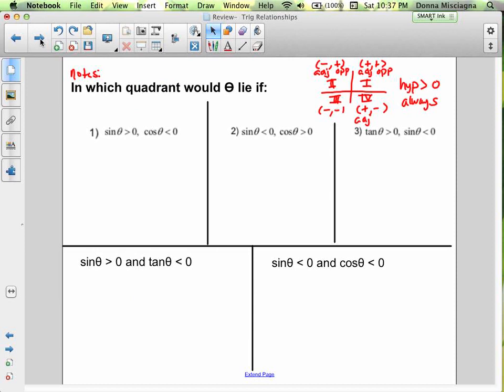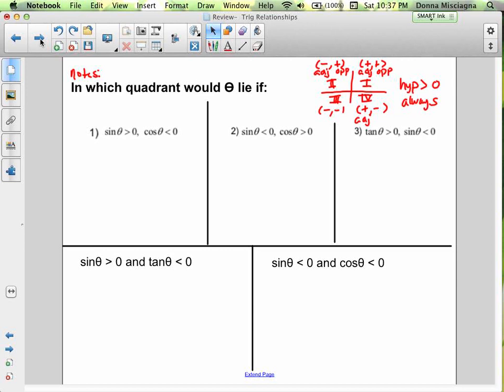As a little reminder, I put that same table we had on the other page, just a little bit abbreviated, telling us which values were positive and negative in the four quadrants. First quadrant, everything is positive. In the second quadrant, the adjacent is negative, opposite and hypotenuse are positive.